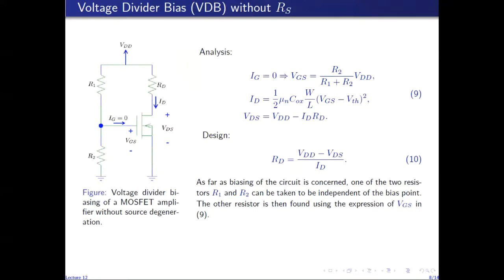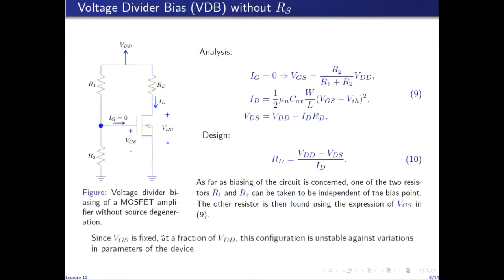So in this case as well, although we get better control over VGS, still VGS is fixed at a fraction of VDD, and so it is fixed. I mean, we can control it, but VGS does not have any dependence on ID.